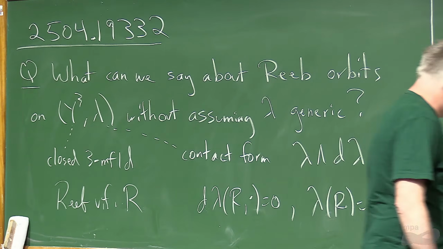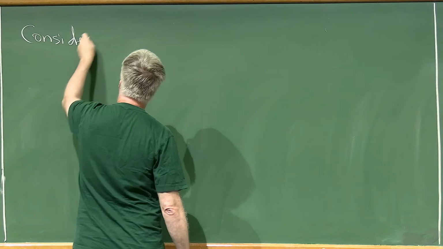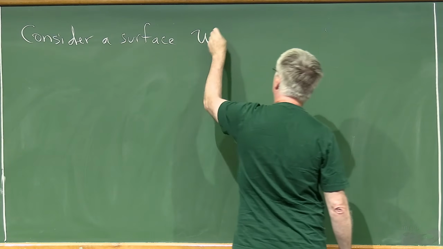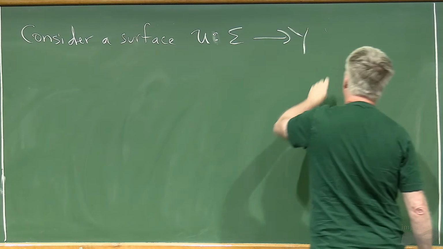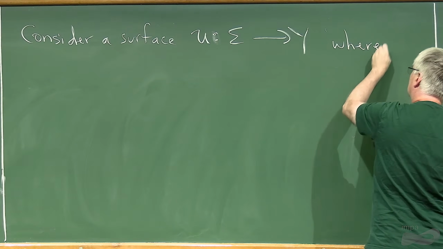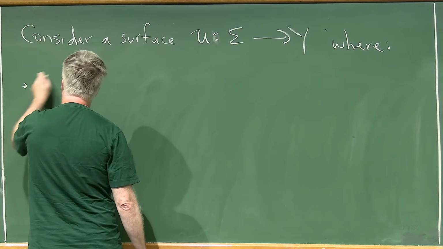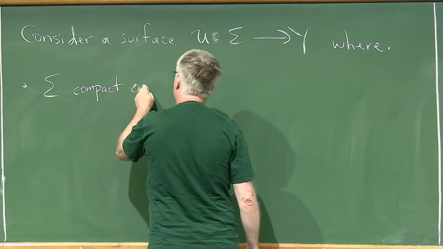Okay, so here's the setup. I'm going to consider a surface in the 3-manifold. Let me make the following assumptions. Sigma is a compact oriented surface with boundary.